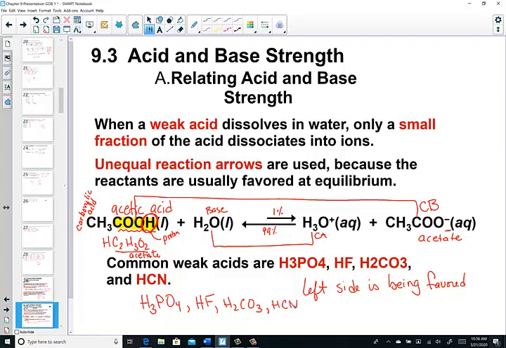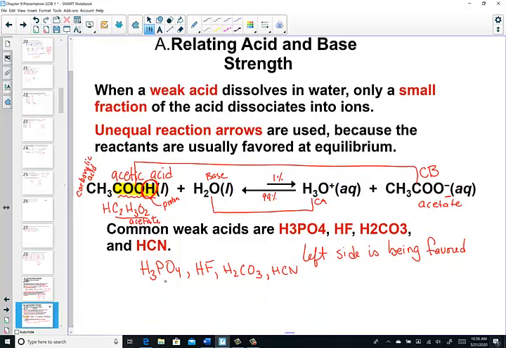I'm practicing our naming skills. Do you hear that? Phosphate turns to phosphoric. Hydrogen fluoride, so we say hydrofluoric. This is carbonate, so it becomes carbonic acid. This is cyanide, ide, so hydrocyanic acid. Keep practicing your naming skills.